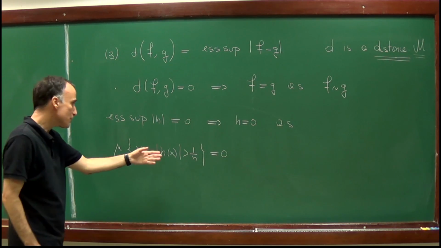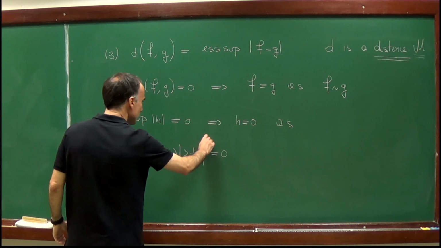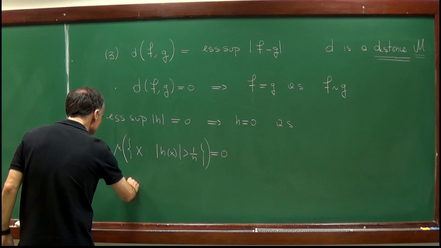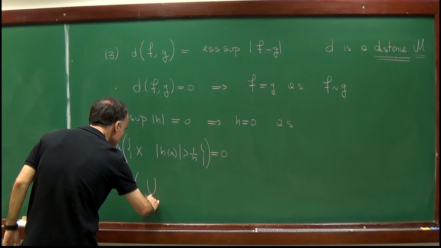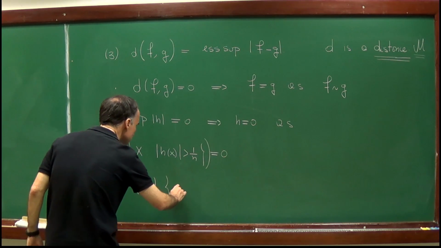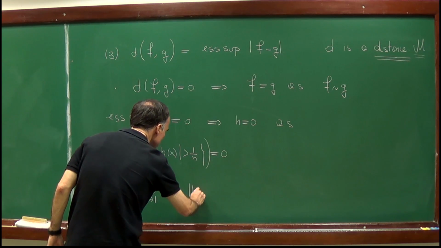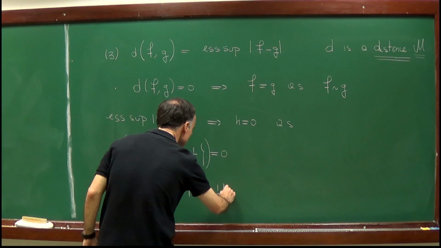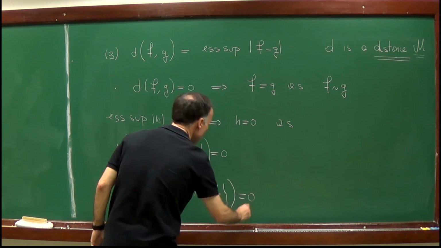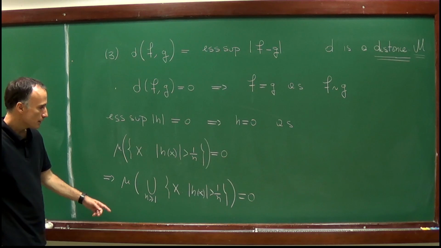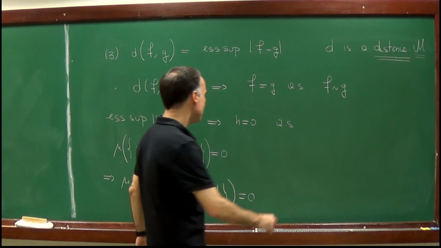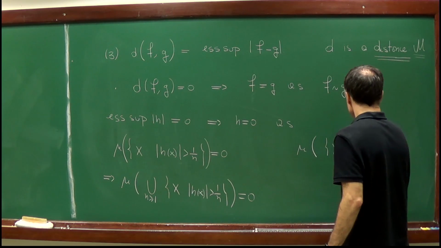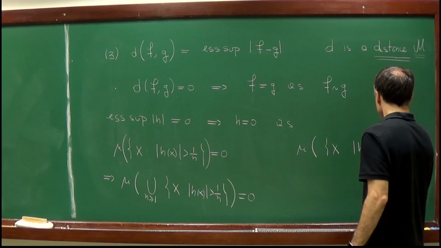And if the measure of each of these sets is equal to 0, the measure of the union is also equal to 0. And we have already seen that this union is in fact the set of points x such that h of x is larger than 0.